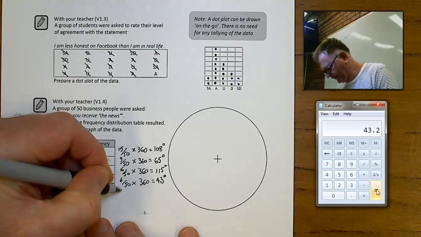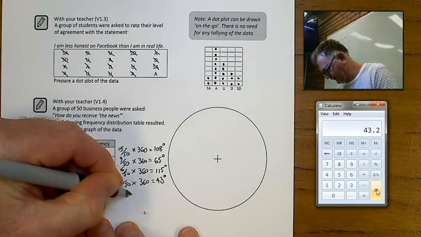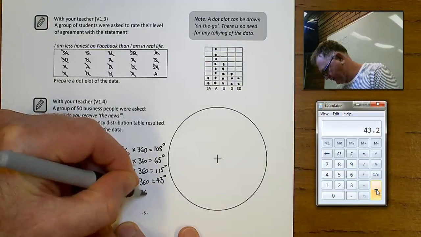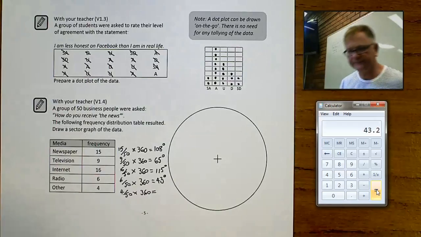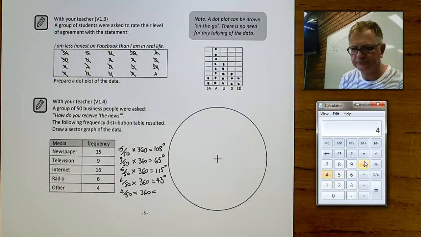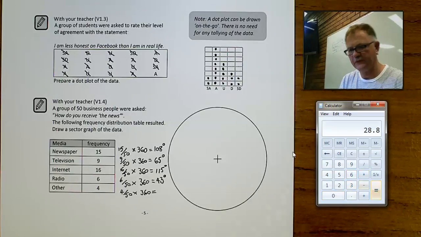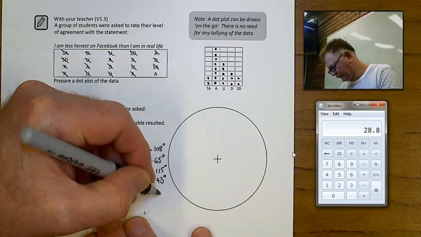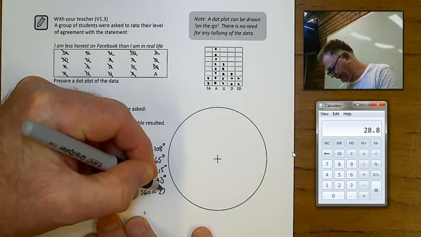And the last one, 4 out of the 50 times by 360. So to the nearest degree, 29 degrees.